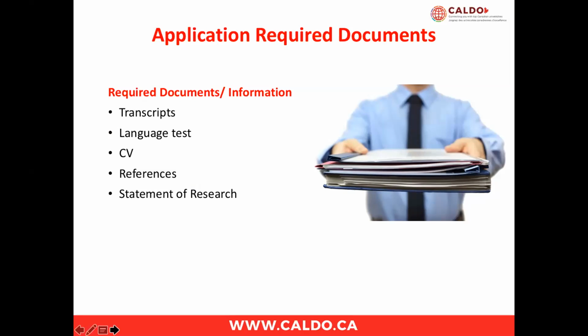These are the courses and grades that you took while completing your bachelor's degree. Also, you might be required to provide proof of language, and this could be done through an official test, either TOEFL, IELTS, or CAE. It all depends on the program and the university that you're applying to, and the different options of language tests that you're able to provide.